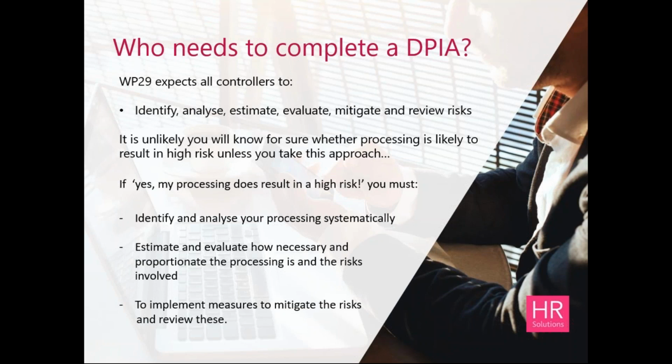And then you would have to implement measures to mitigate the risks and conduct regular reviews. So if you just compare that with the bullet at the top of the page, you might see where I'm going with this.